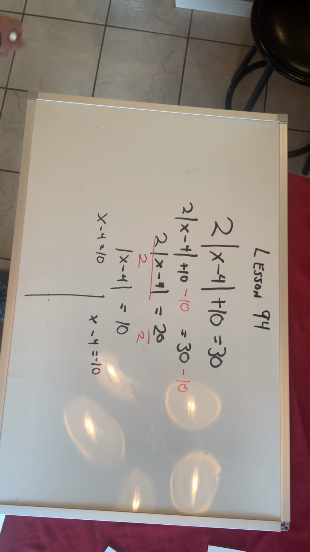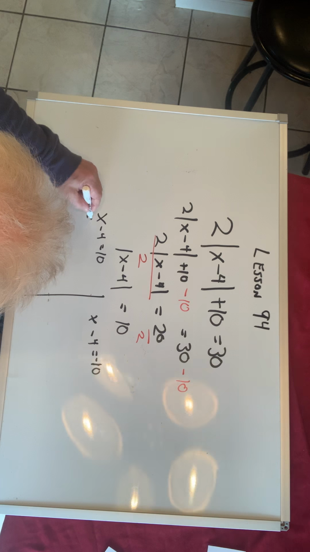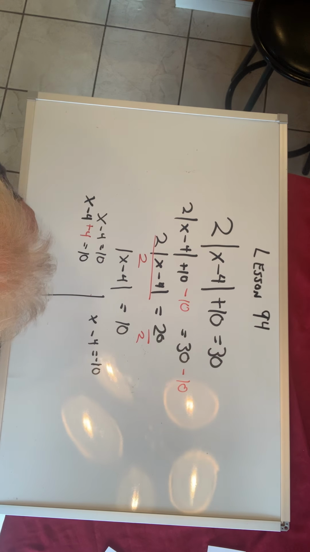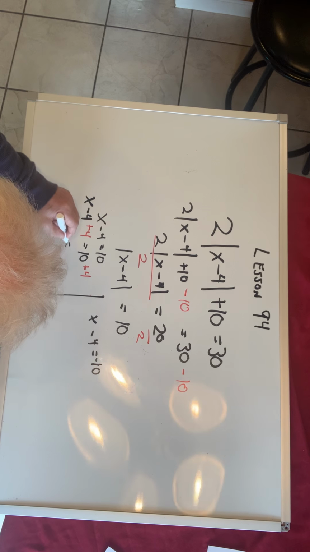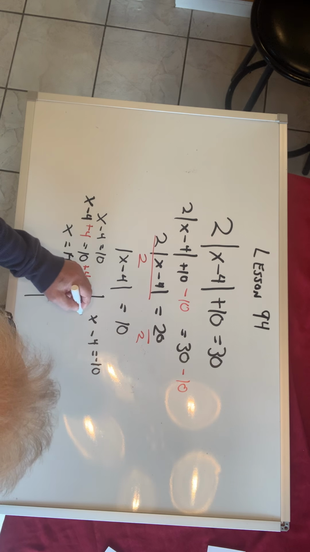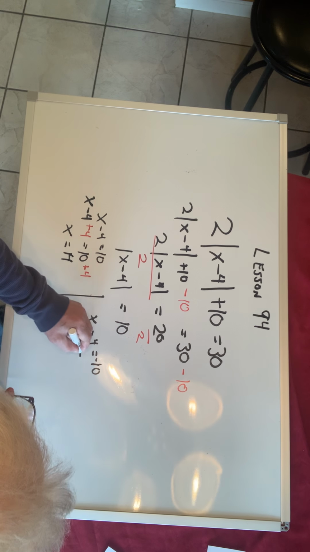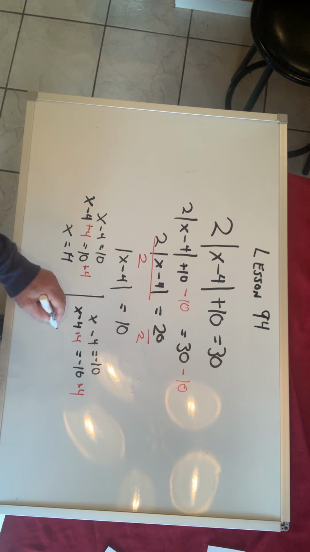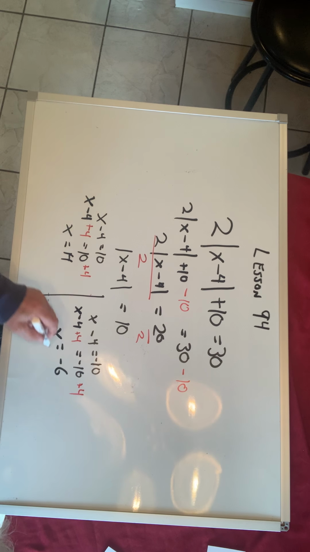Add 4 to both sides: x minus 4 plus 4 equals 10 plus 4, so x could equal 14. Over here, x minus 4 plus 4 equals negative 10 plus 4, so we get x is equal to negative 6.